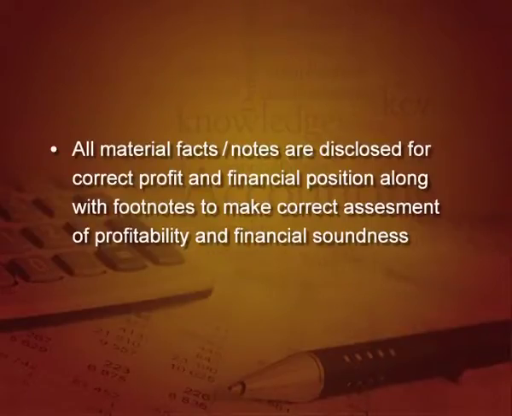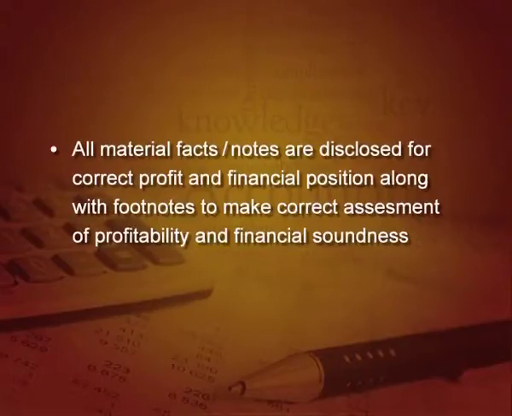It means all material facts and notes are disclosed for correct profit and financial position, that is assets and liabilities, along with the footnotes, to make the correct assessment of profitability and financial soundness, so that everybody who is using this information gets the correct position and takes the correct decision.